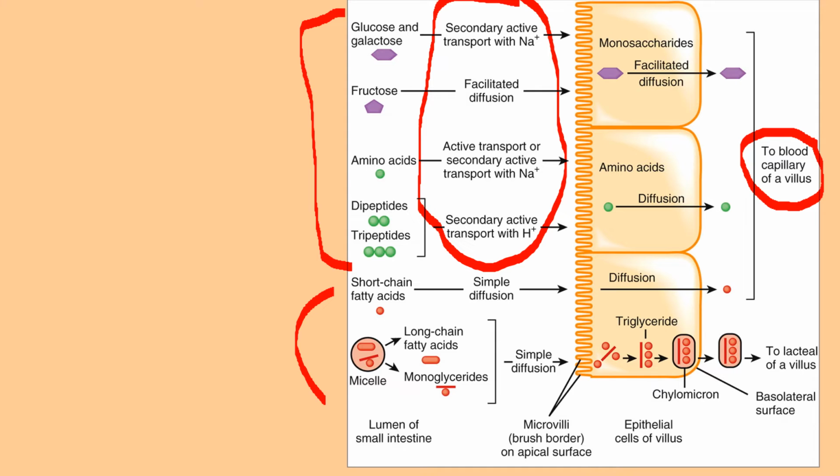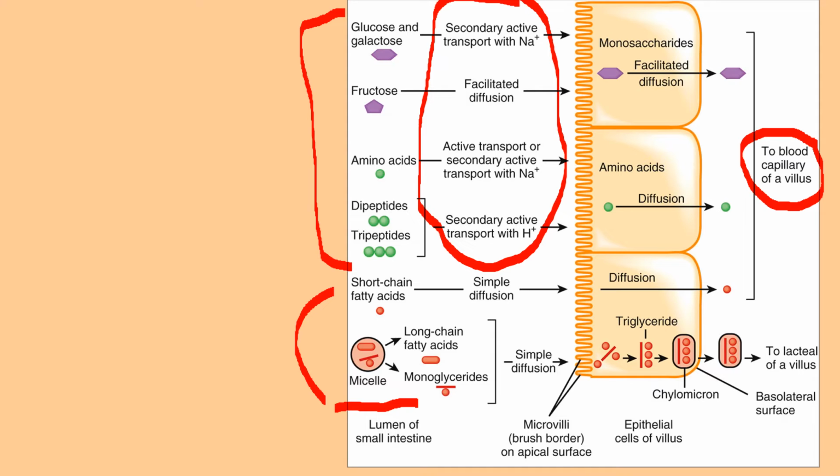We can continue the story of what happens with triglycerides down here. So we'll start in the lumen of the small intestine, and we have these micelles. A micelle is a sphere of digested lipids, and it's coated in bile salts. The bile salts are not really well represented here. Maybe it's that black line that forms the circle.